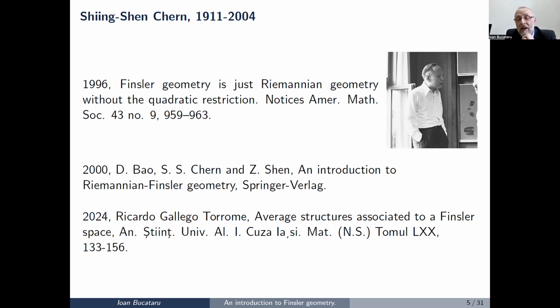However, not all the properties of the Finslerian metric translate to this Riemannian metric. So it is not easy to study the properties of the Finsler metric using the Riemannian metric.